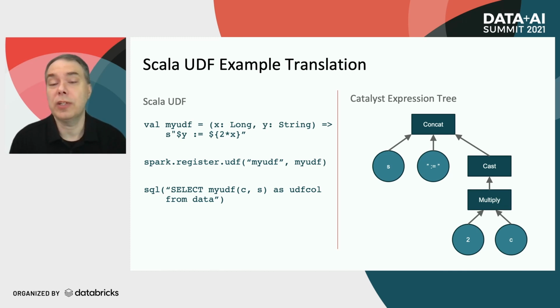Then it realizes the result of that multiply is cast to a string, so it adds that. And then it takes the result of that string cast and concatenates it with column S and the literal string. The result of that concatenation is the result of the UDF, and it plugs that back into the Catalyst plan, and the RAPIDS Accelerator is able to translate that. And so we were able to automatically translate an opaque UDF into Catalyst and translate it without any user intervention.